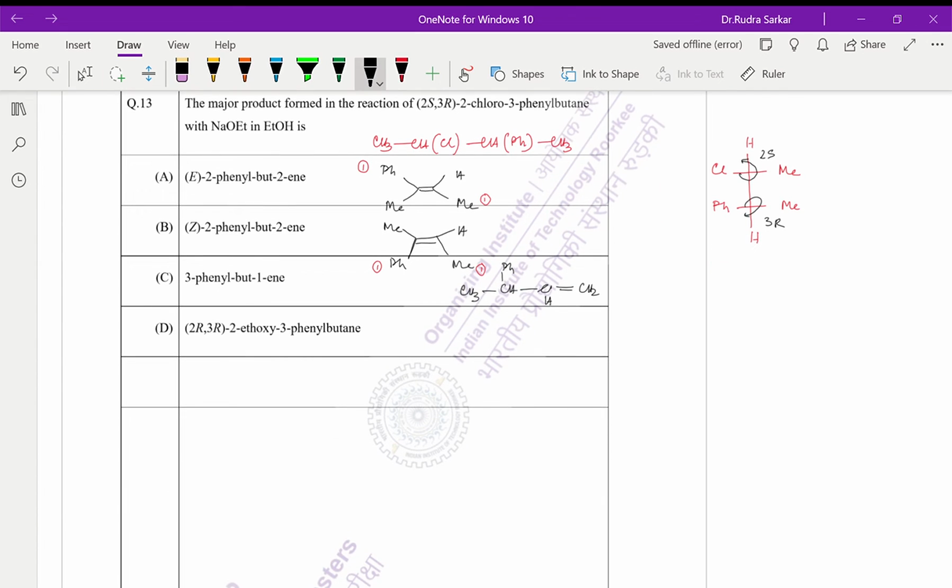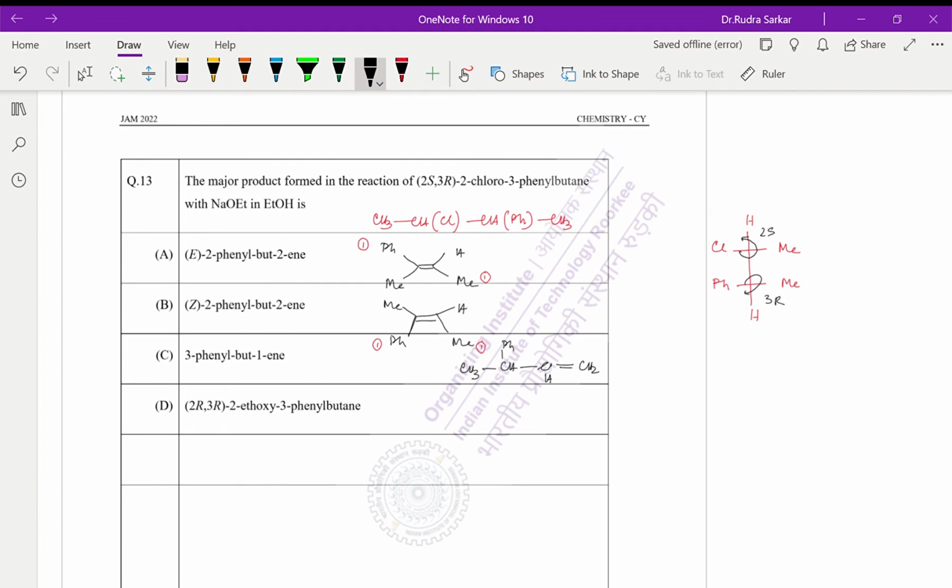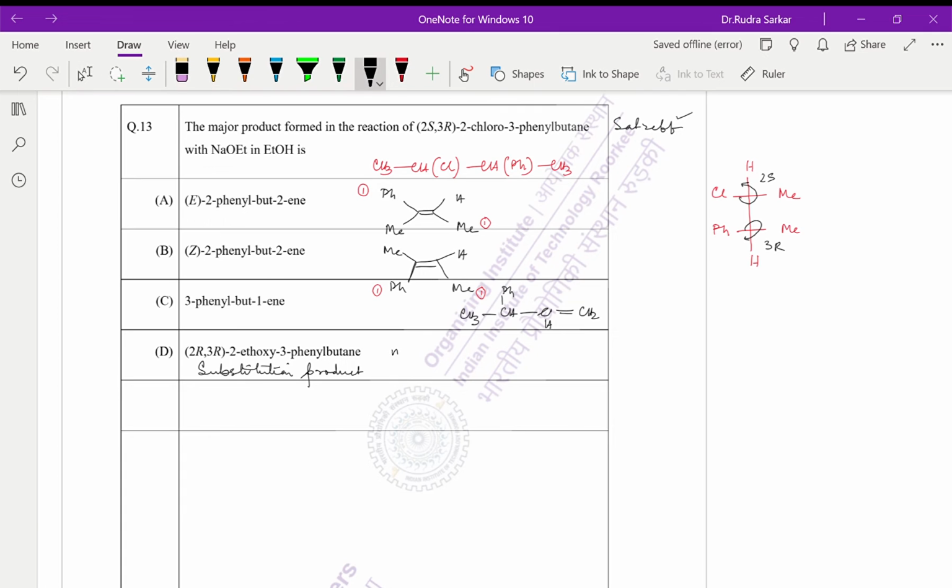So that is the least substituted alkene, and in this type of reaction conditions, products are always Saytzeff type and not the Hofmann type. And the last one is a substitution product, which is formed, but it is formed in minor amounts.